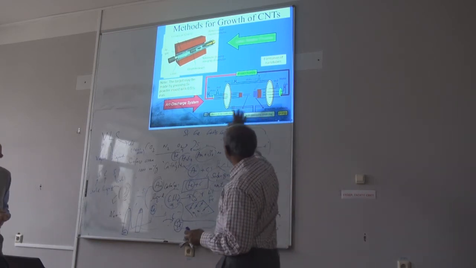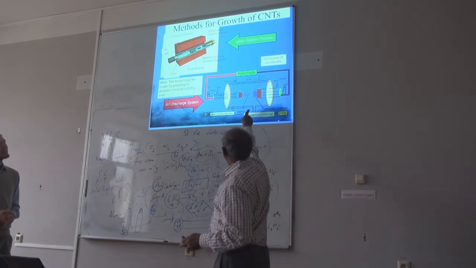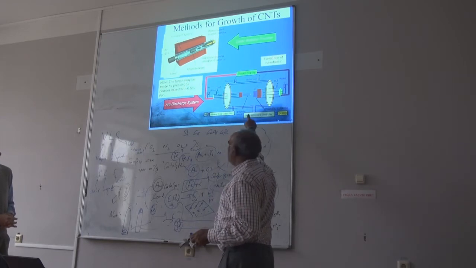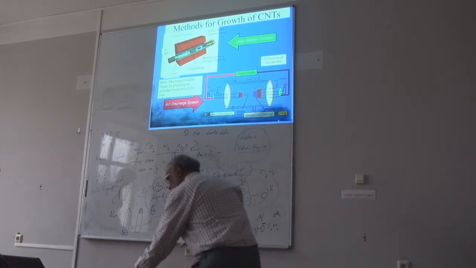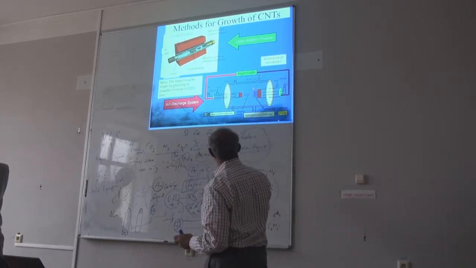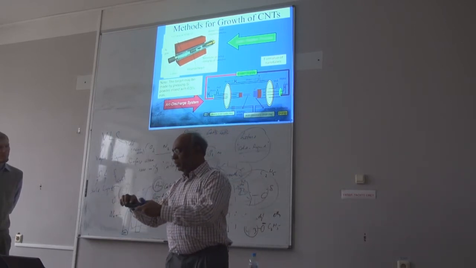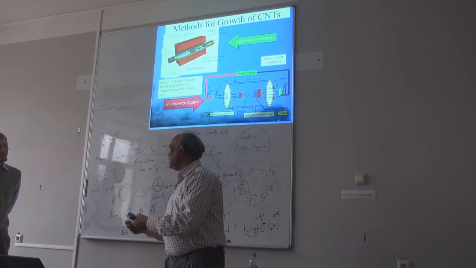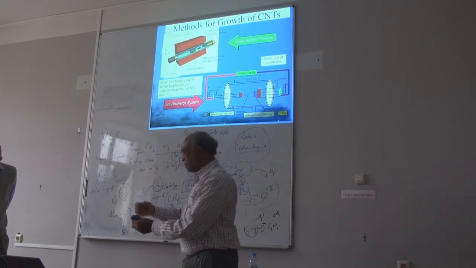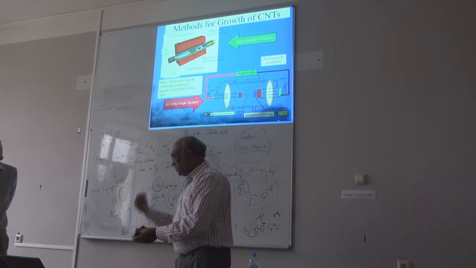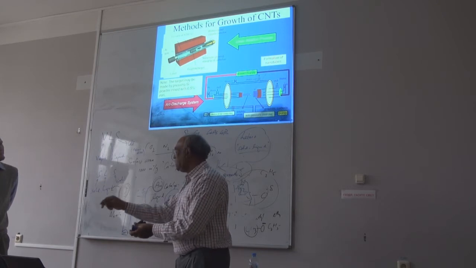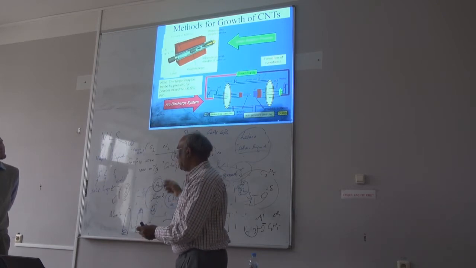Initially people grew carbon nanotubes using arc discharge. You have two graphite rods like this. In one you mix in iron. You take graphite, make a pellet, and add iron particles.